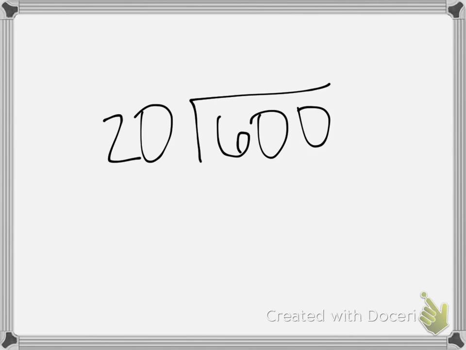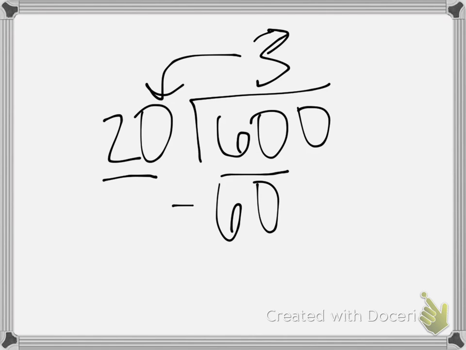Okay, so you already told me that 20 divided by 60 was what? 3. But in this problem, I have this extra 0 just hanging out. All right, since I have this extra 0, I can just move them up. Or I can say 3 times 20 is 60. 60 minus 60, 0.